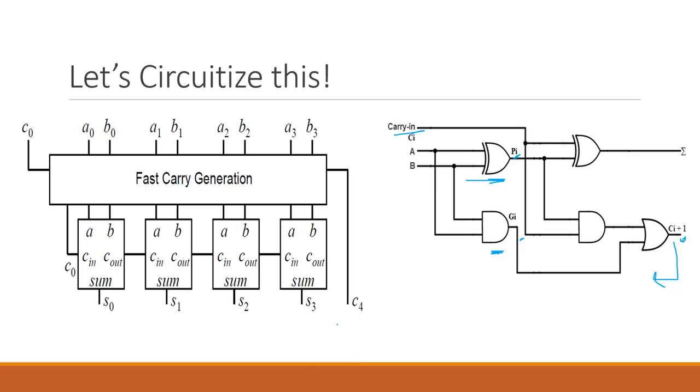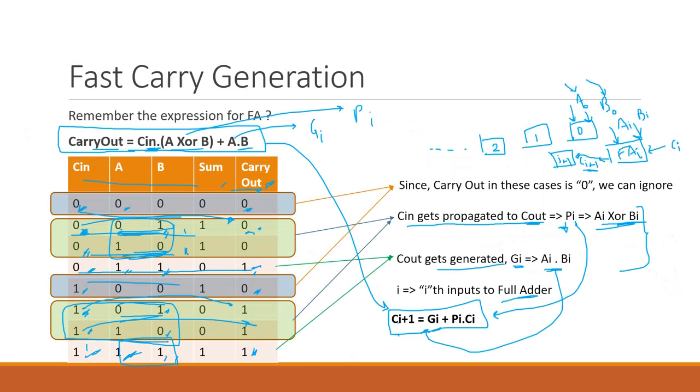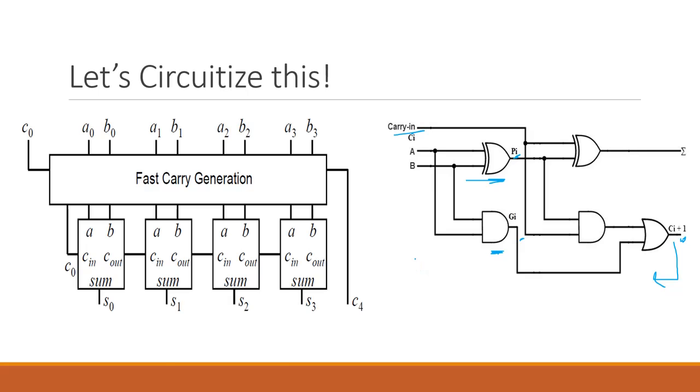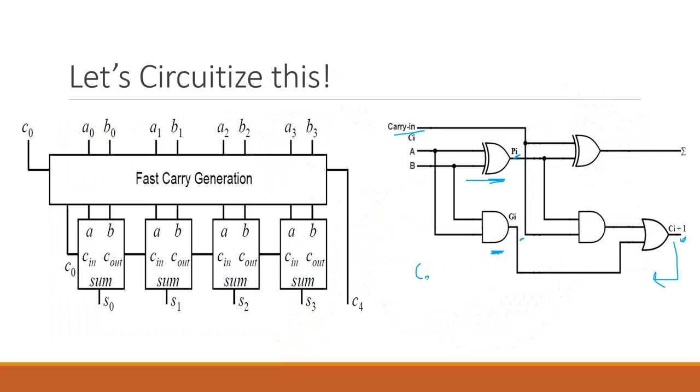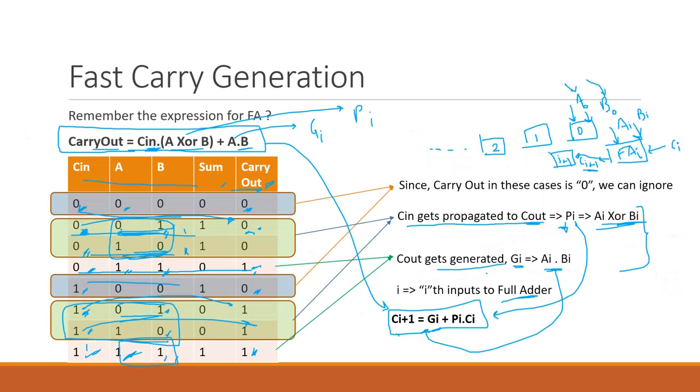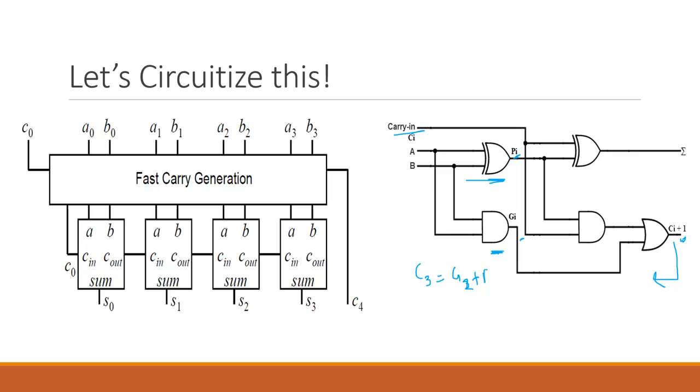Now let's try to do it for a 4-bit adder. We'll start from Ci plus 1. So C3 is equal to G2 plus P2 into C2.